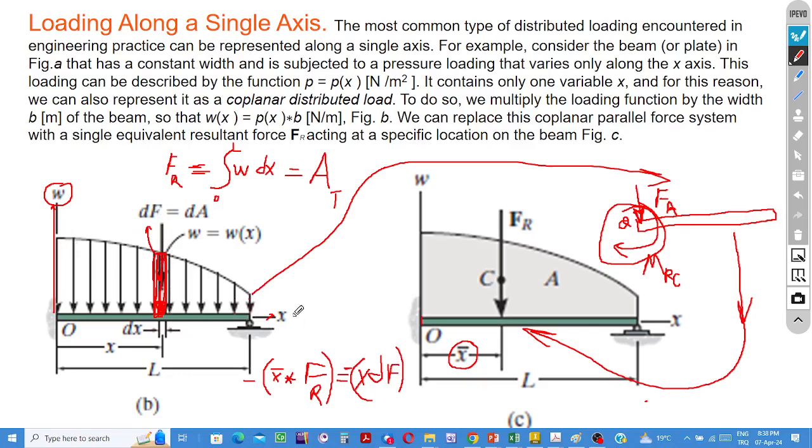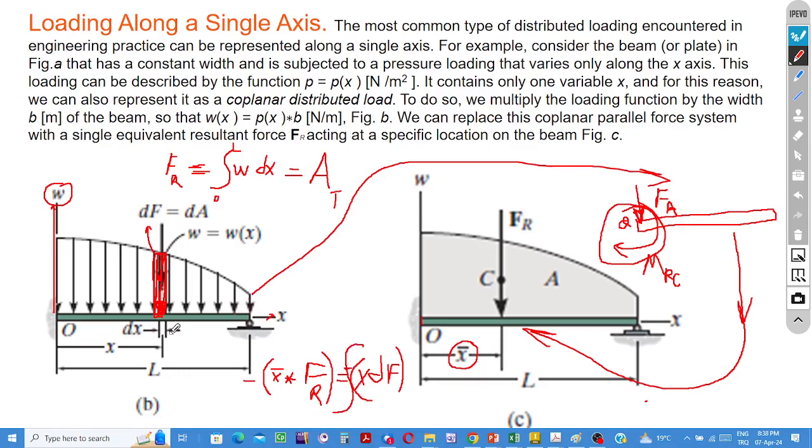This term is one of the moments of the forces. How about the moments of the others? Just take the integral. Now, this is equal to that one. The sum of the moments of all the constitutive forces, where x times dF is the moment of one of the forces.